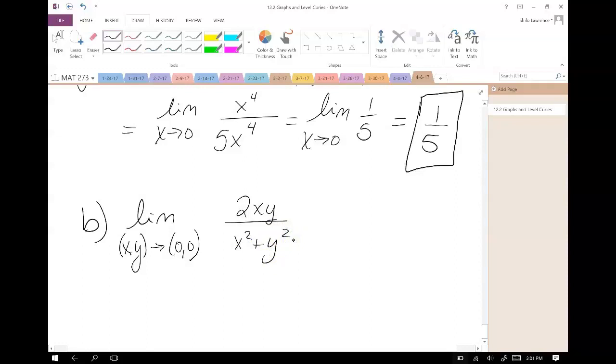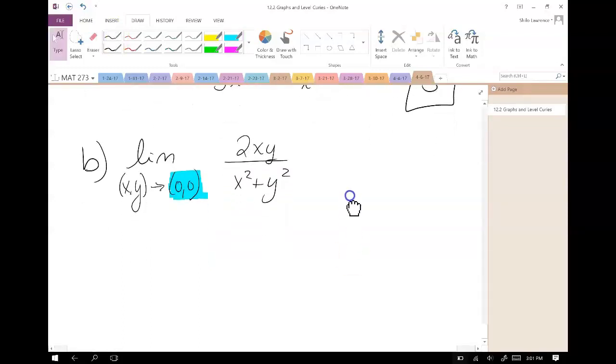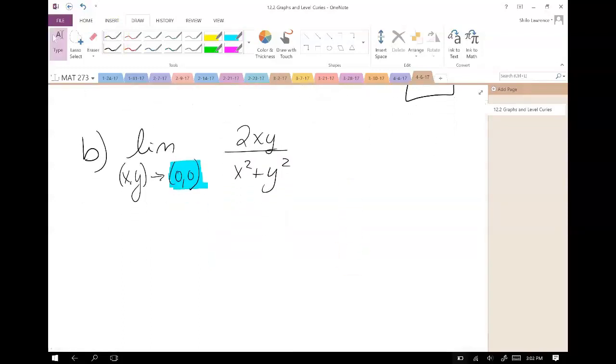Algebra will not fix it. Direct substitution is indeterminate form. We're just going to jump right into our paths. You need to make sure that your path goes through the point that you're doing the limit for. So we need to make sure that we pick a path that goes through (0, 0). So somebody give me a path that goes through (0, 0). y equals x.